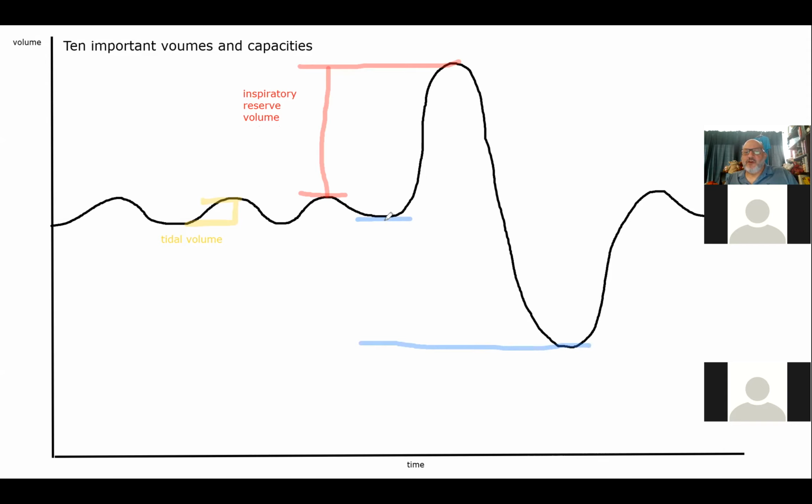And so this volume, all of the extra air we have in our lungs that we could move out if we wanted to, right? If we needed to, we could move that air out. That volume is our expiratory reserve volume.